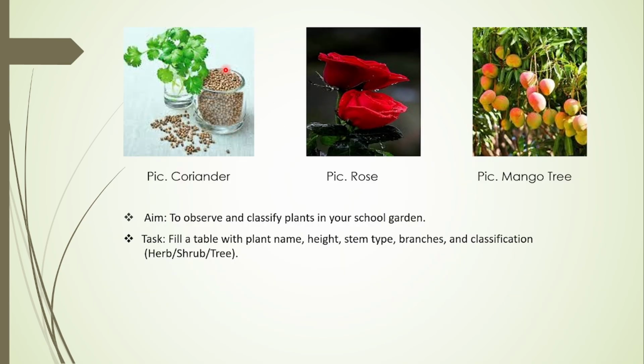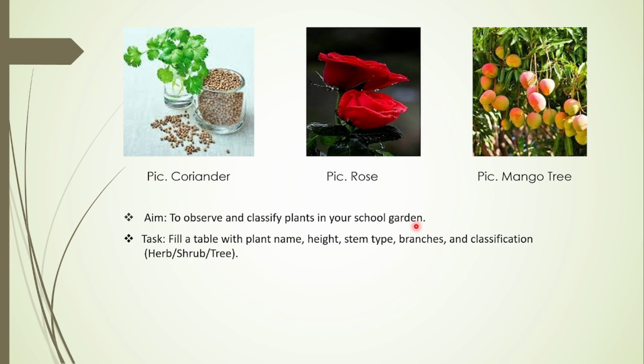Here are some pictures. This is a coriander, this is a rose, and this is a mango tree. Coriander is a herb, rose is a shrub, and mango is a tree. Then we have another activity to observe and classify plants in your school garden.